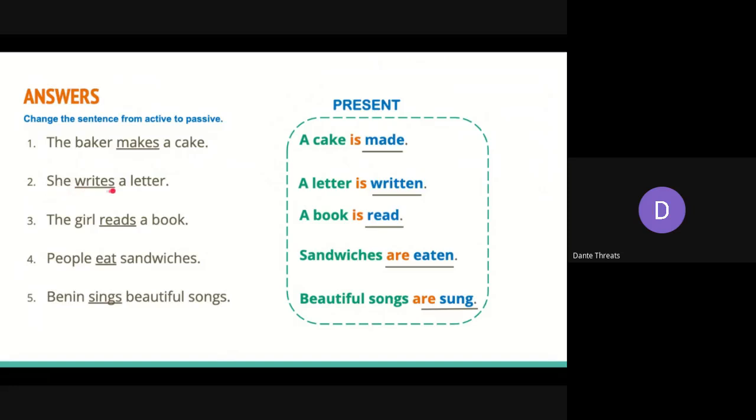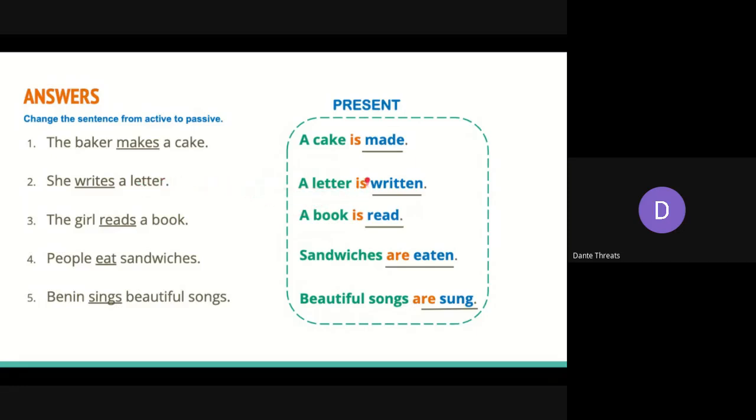Next, we make the object the subject. All right. So as you can see, a letter here is now the subject. Then we add is or are, and a letter is singular, right?